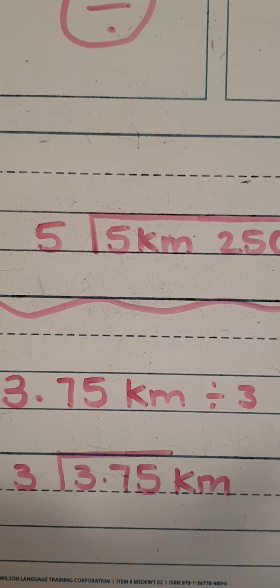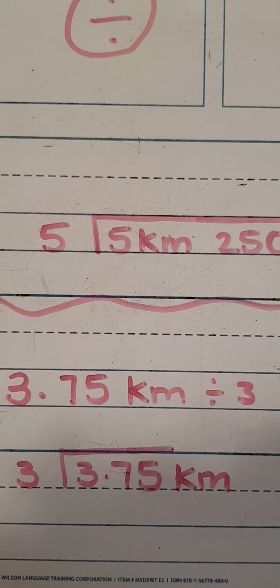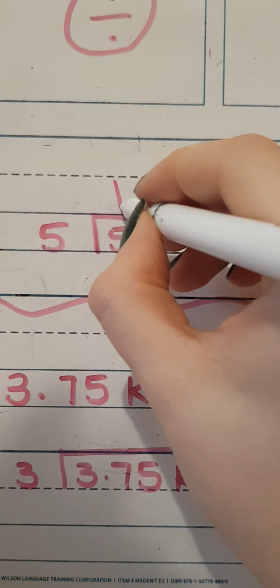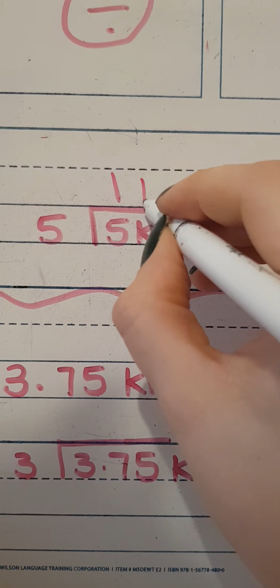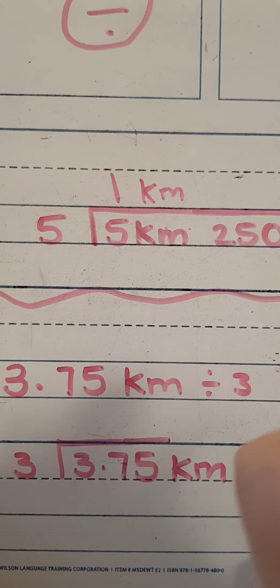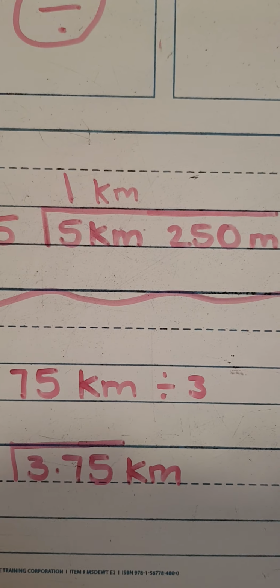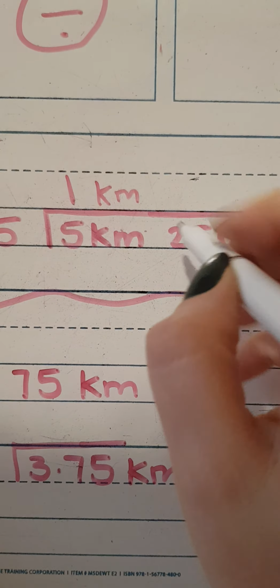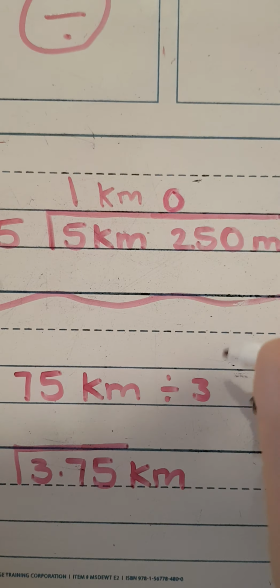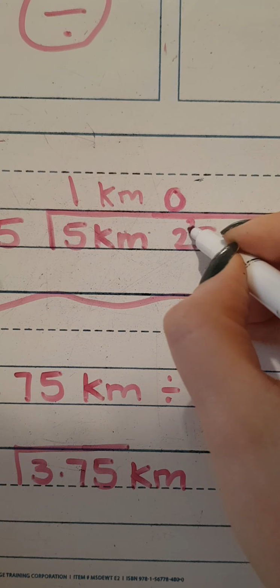So 5 into 5 for division, it fits 1. Remember, think of feet and shoes. 5 fits into 5 once, and I've nothing left over. So 1, and I'm going to keep the km in the same place. 5 fits into 2, 0 times, because 2 is too small. So I put up a 0 and I carry over the 2.